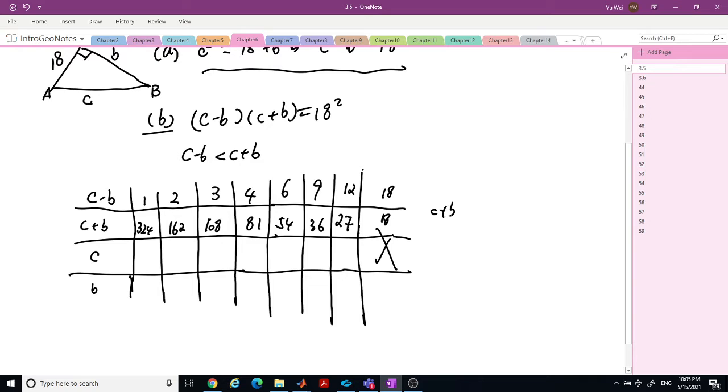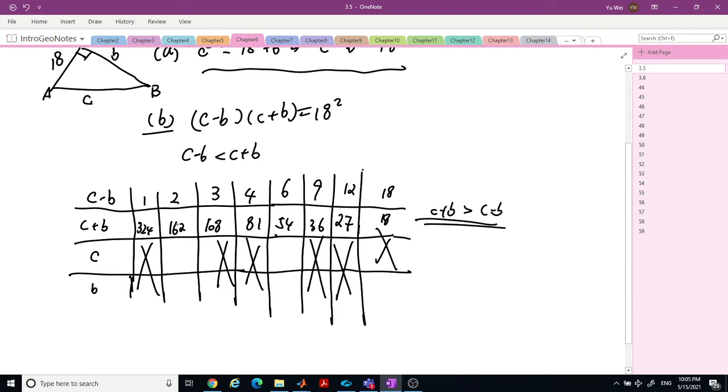Because C plus B needs to be greater than C minus B. Now we can see that C minus B plus C plus B, divided by 2, is C, right? So this is not an integer, not an integer, not an integer.